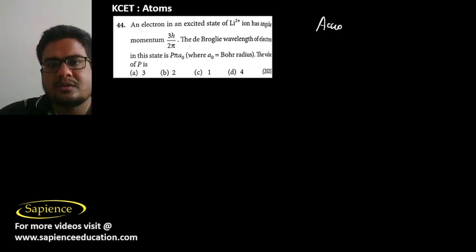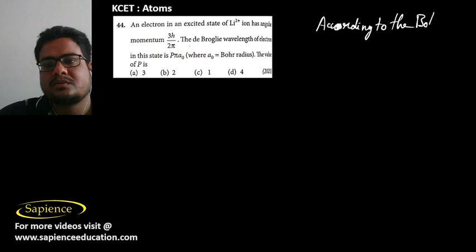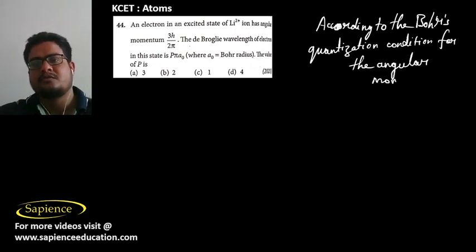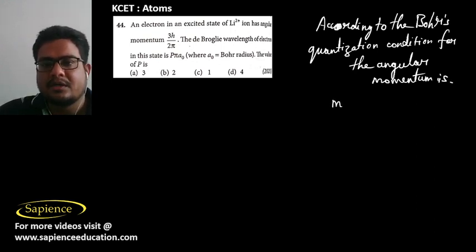So according to the Bohr's quantization condition for the angular momentum, L is equal to mvr, which is equal to nh by 2 pi.